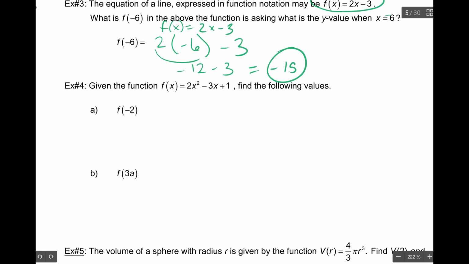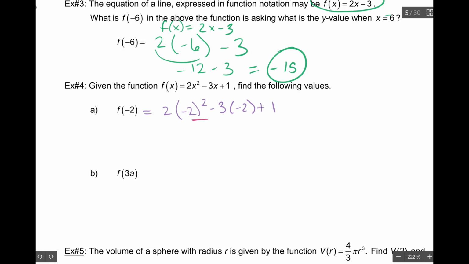Given the function f of x equals 2x squared minus 3x plus 1, find the following value. I want you to pause the video and try this out. Alright, I'm just plugging in -2 for my x. First, I need to follow the order of operations.